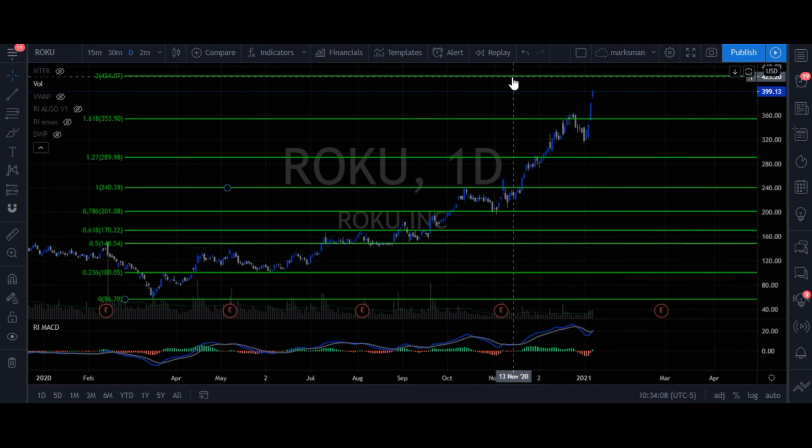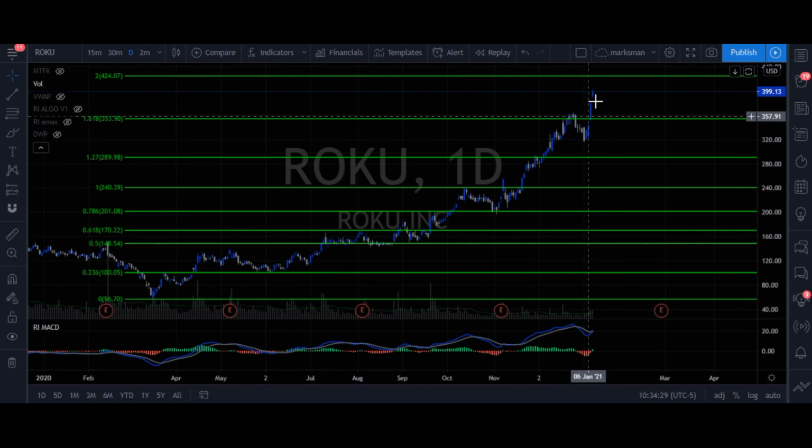But right now, it looks like we're going up to this 200% level, which is 424. We're sitting right there at 399, which is crazy. But when everybody keeps telling you that the top's in, no way Roku can run anymore, well, it's running, and we got another target now.